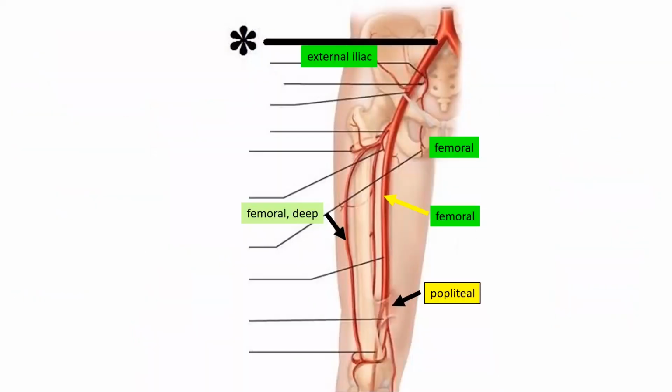It gives a branch called the deep femoral, which is supplying the posterior hamstring group of muscles, and as it comes down at the lower end of the femur, it is moving posteriorly and enters the popliteal fossa, and it is called the popliteal artery.